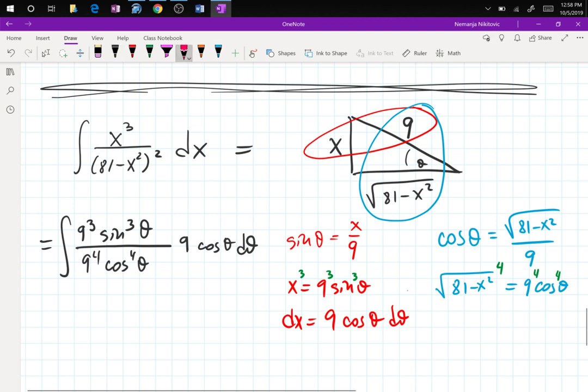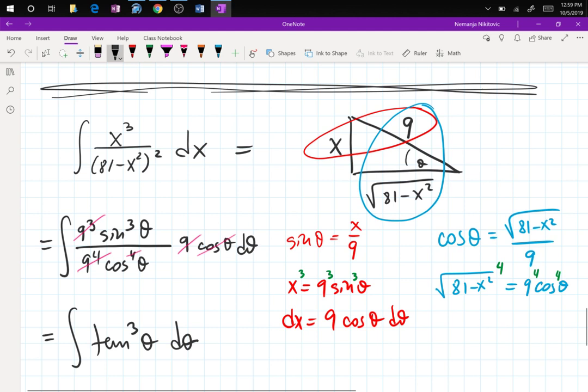Observe that all of the 9s cancel because you have 4 on the top and on the bottom, and one of the cosines cancels. So technically what I have is tangent cubed theta d theta. Do we all agree? Tangent cubed theta d theta?